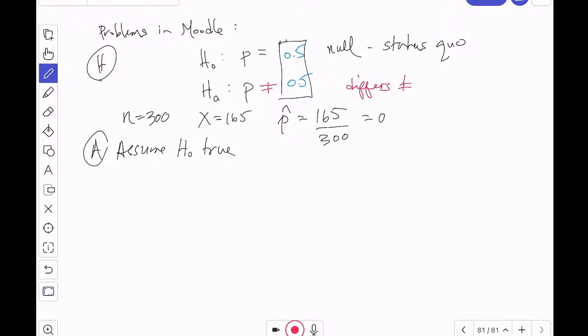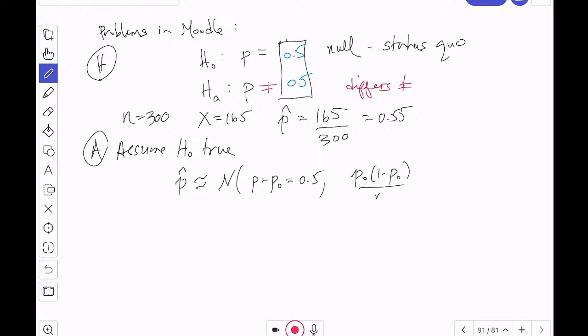So this is 0.55. When you look at it, the question is: is this sample result different enough from the status quo to suggest that, in fact, that's not it, that it's a different value? So first you assume H naught is true and all of these results fall out. That means that P hat is approximately normally distributed with a mean equal to the hypothesized P, and a standard deviation of the square root of P0(1 minus P0) over n.